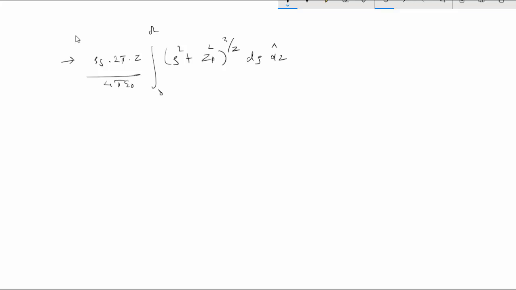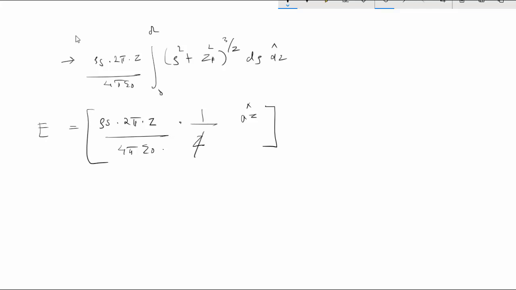When you integrate this and solve, you will find rho s 2 pi into z divided by 4 pi epsilon naught into 1 upon z and az. So this z and this z will cancel, and this 2 pi and this 4 pi will cancel, and there will be only 2 here.